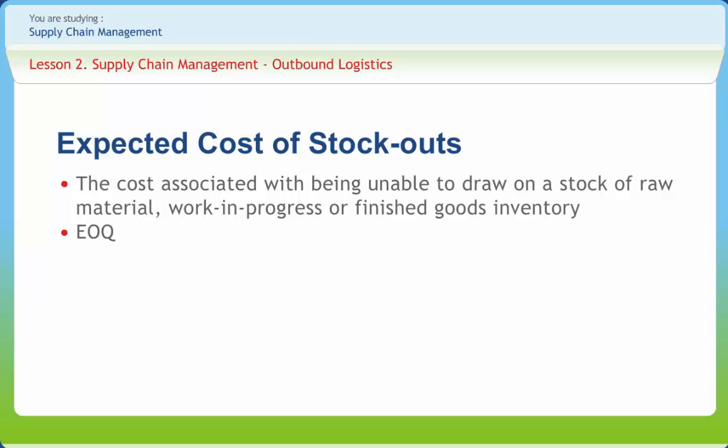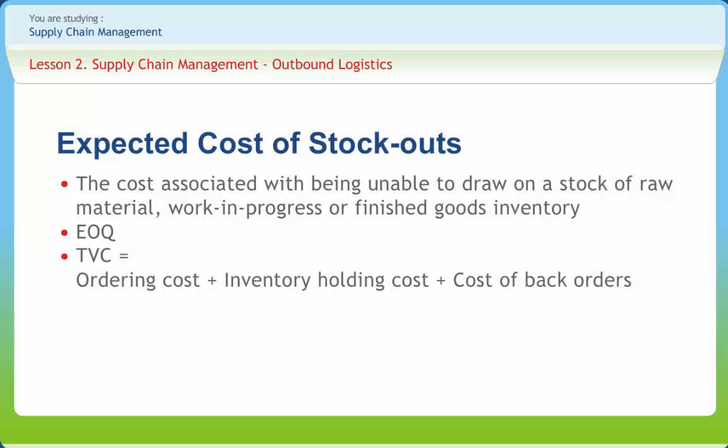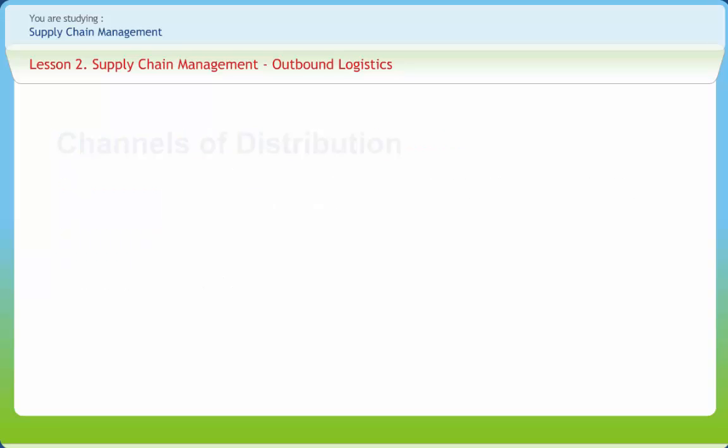The shortage cost is denoted by K rupees per short per unit time, that is, rupees per year. The total average annual cost, TVC, can be written as TVC equals ordering cost plus inventory holding cost plus cost of back orders.